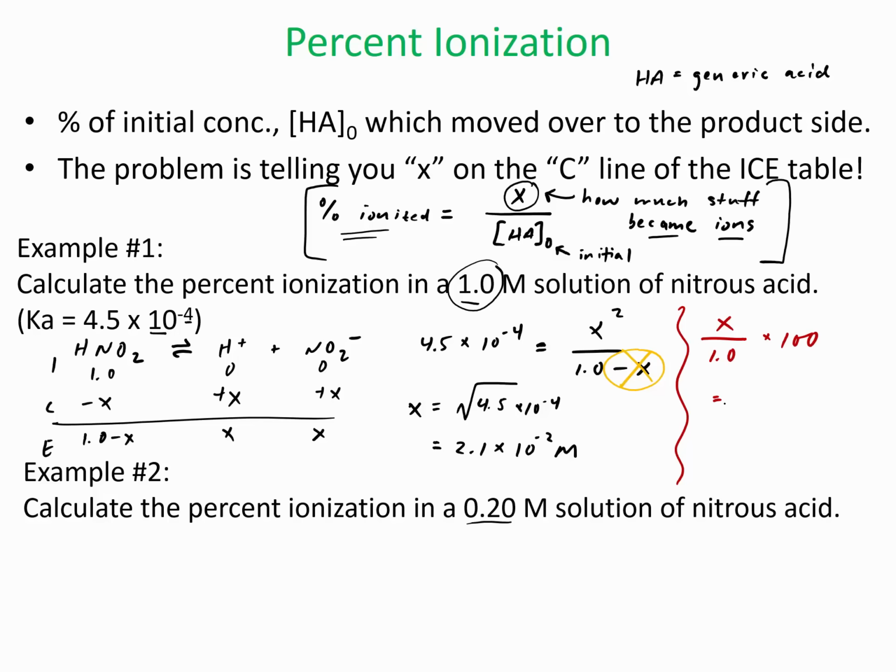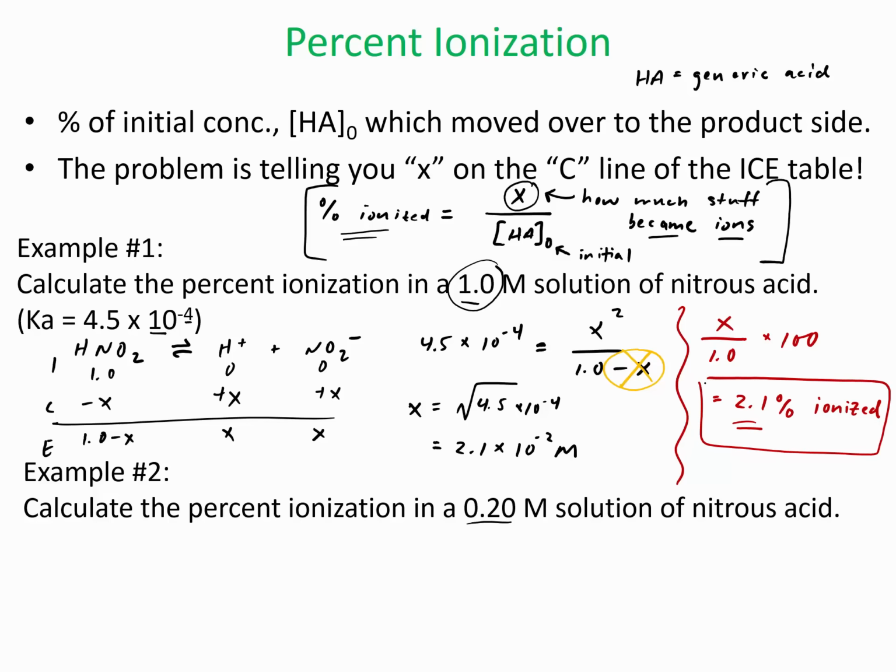For this I get 2.1% ionized. And notice this is less than 5%, so my assumption rule actually works here.